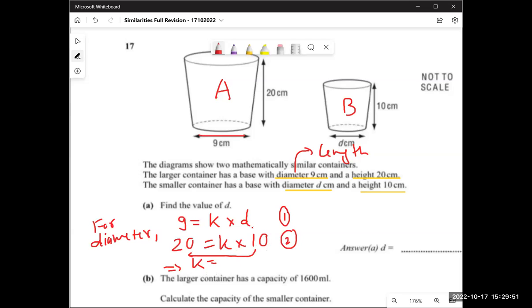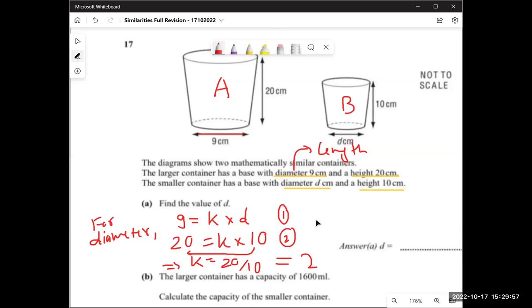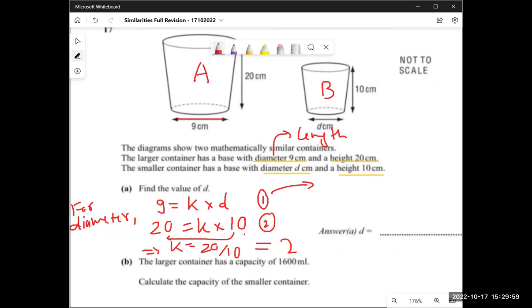It's multiplied, so it becomes divide. So 20 divided by 10, which is 2. k is 2. Now, Rachit, look at the first equation. Now I know k is 2. Then 9 is equal to k into d. Lula, what is k? 2, since we already found it. And now, Rachit, tell me how do I find d?